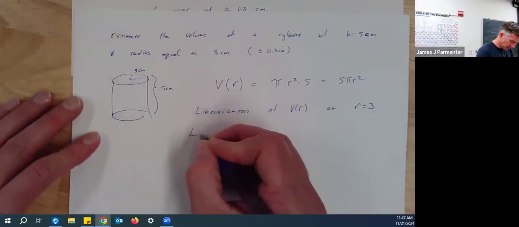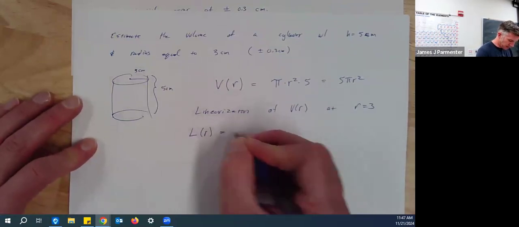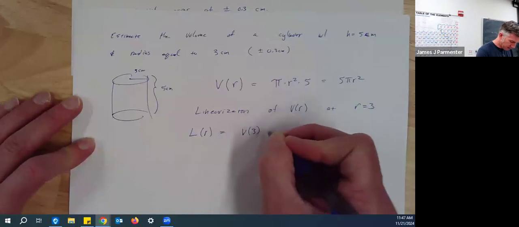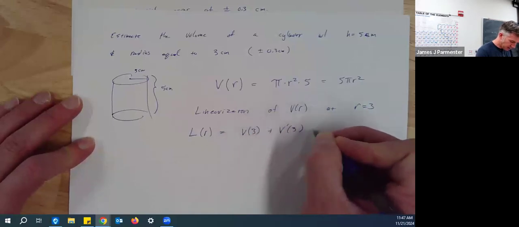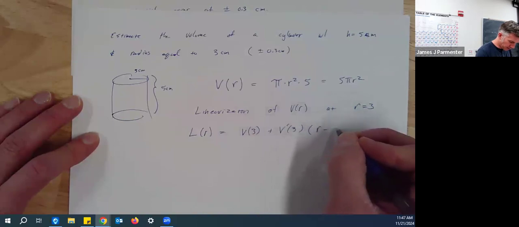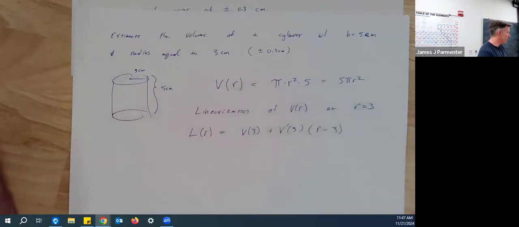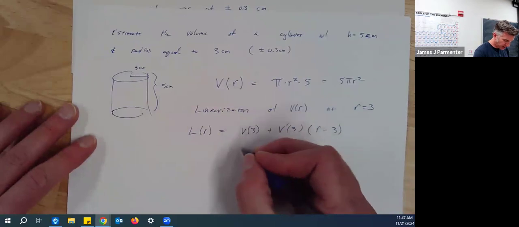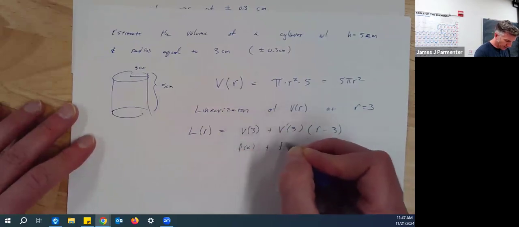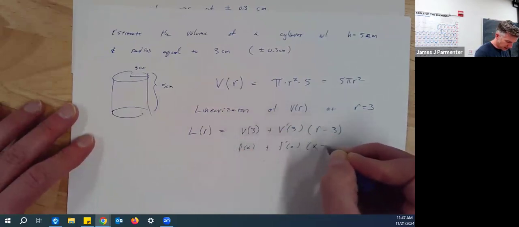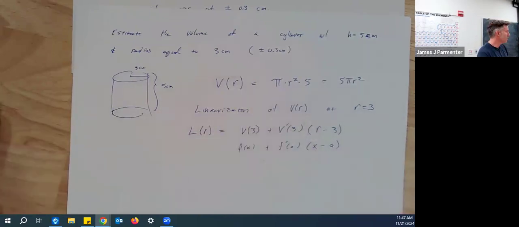Our linearization, L of R, is going to be V of 3 plus V prime of 3 times R minus 3. Just the usual equation, but instead of writing F of A plus F prime of A times X minus A, I've changed my X's to R's and my A's to the value I'm actually using, which is 3.